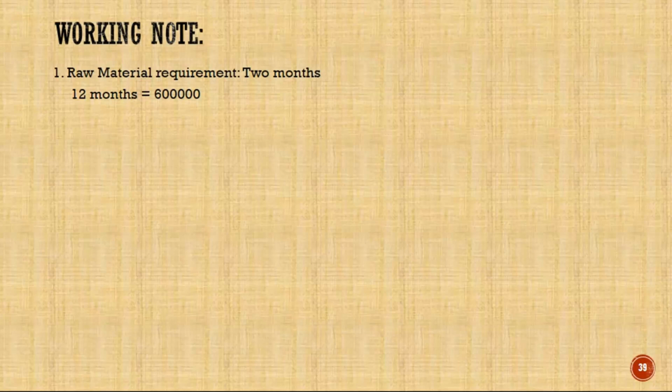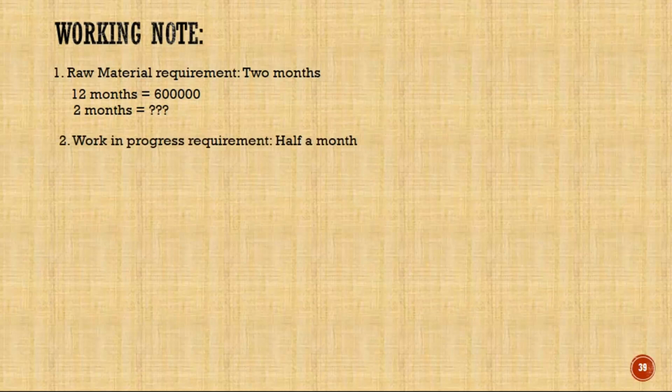So that I have taken here for calculation. So 12 months is equal to 6 lakh. So here we are interested to know about 2 months. So how much for 2 months? So this is the presentation, and now you are expected to calculate the requirement for 2 months. So simply by doing a cross multiplication, you can get the amount. This is about the raw material requirement.